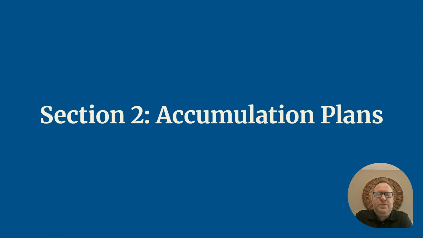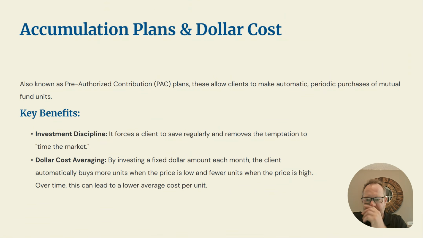Section 2 of this chapter is accumulation plans. Accumulation plans are also known as pre-authorized contributions, or PACs, as we know it in our industry. These allow clients to make automatic, periodic purchases directly of mutual fund units.